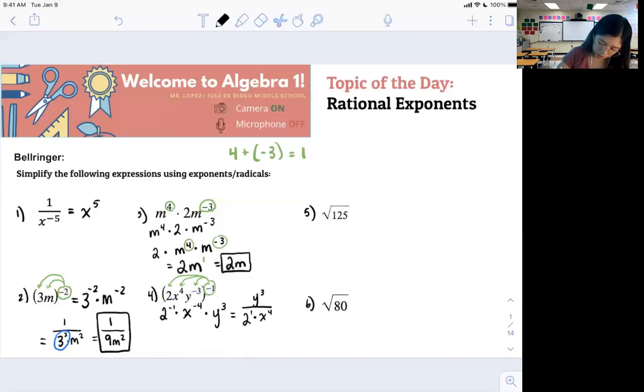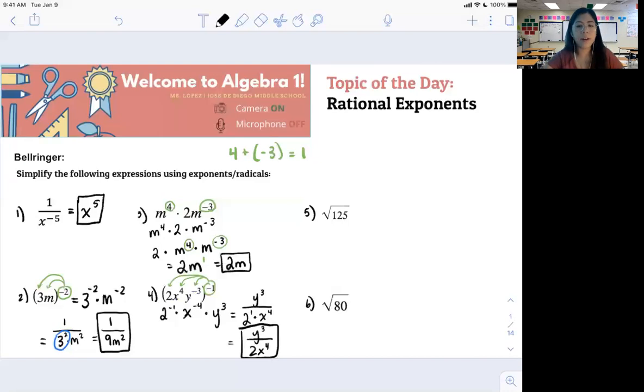So I get y to the power of 3 over 2x to the power of 4. So those are my 4 problems about exponents. Do I have any final questions on exponent rules? Because today we are finally moving on from exponents. Kind of, not really. Any final questions?